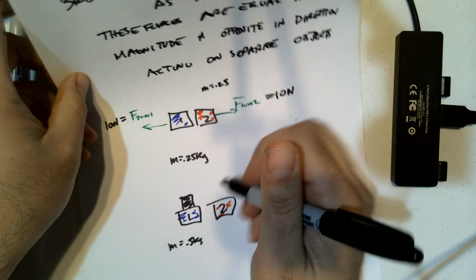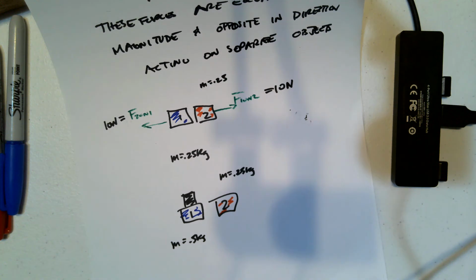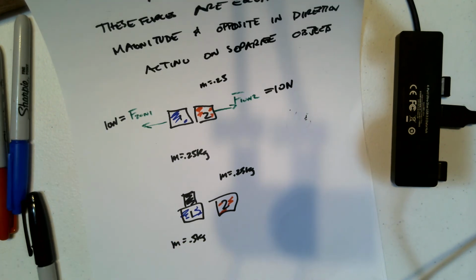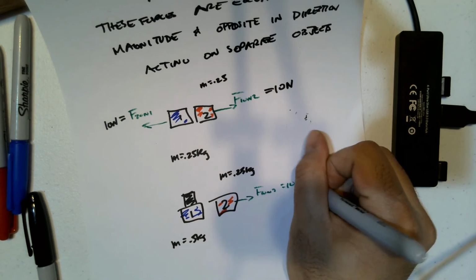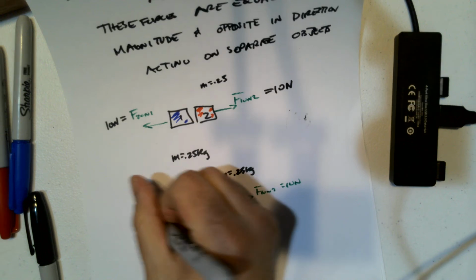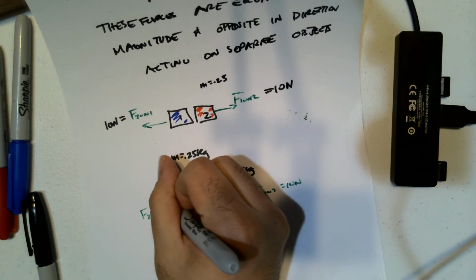So our second object is half the mass of our first object now. And that spring is just as strong as it was before, so you still get the same force, F1 on 2, being 10 newtons. And then you still get another force here, F2 on 1, the action-reaction pair, being 10 newtons as well.